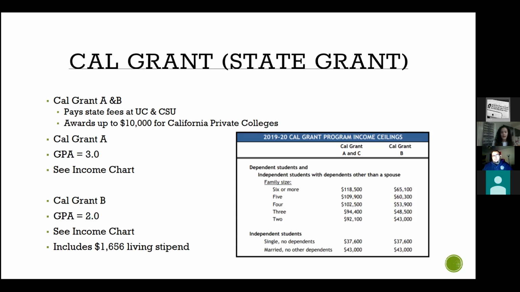Got you. And then I have a bit of a follow-up for that. Let's say that a student has to submit an income appeal. How would the Cal Grant work with that? Like, let's say that before they submitted, they had a good income, but then they have to submit an income appeal.